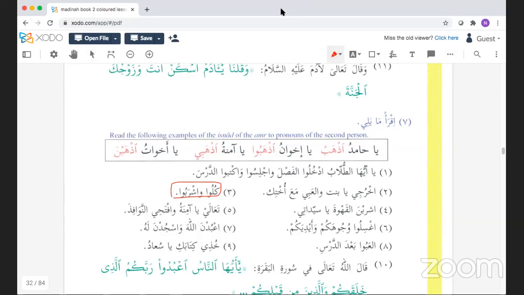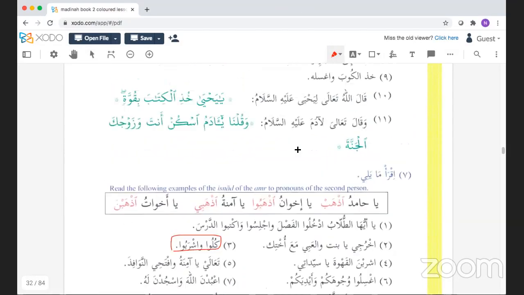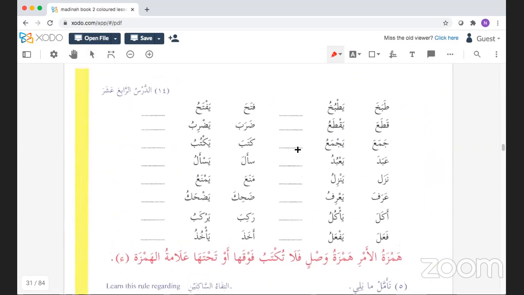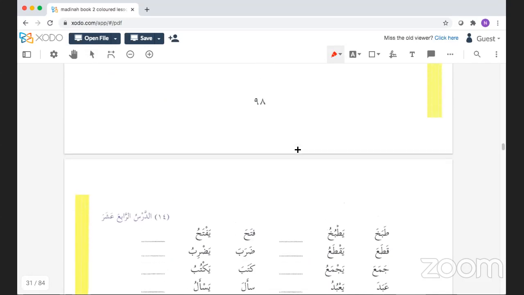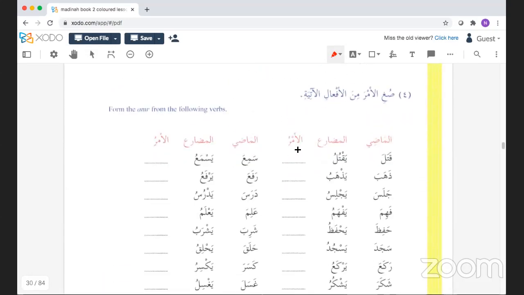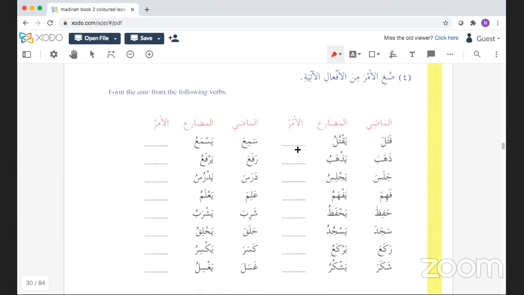Okay, so let me just quickly go to the middle of التمرين الرابع, which was in الدرس الرابع عشر.